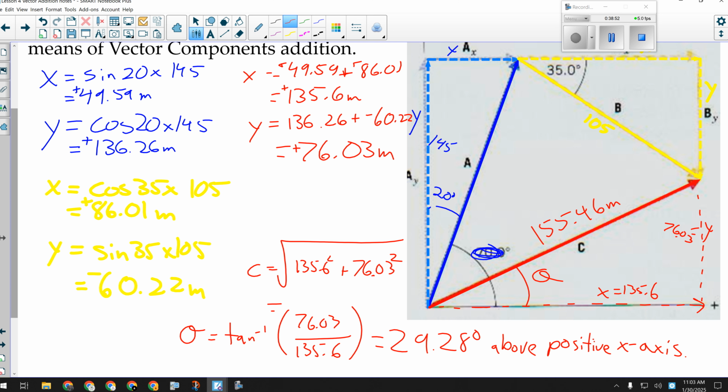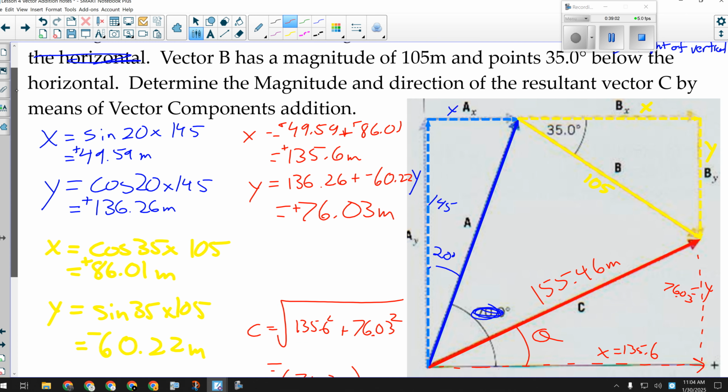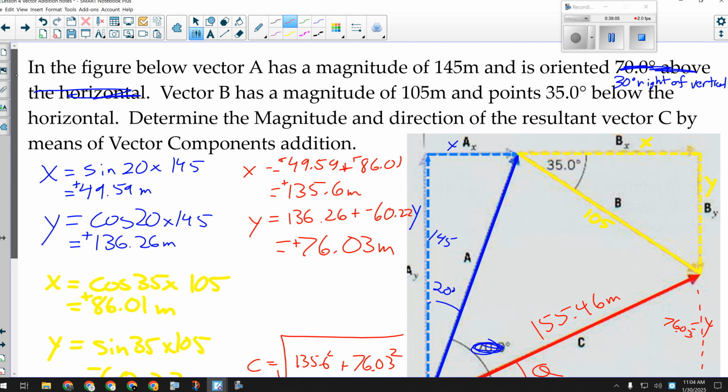All right, I've got the magnitude and direction of my resultants. I just have to put in the correct number of significant digits. And that looks to be, well, this one's got 3, this one's got 3, this one's got 3, this one's got 2.